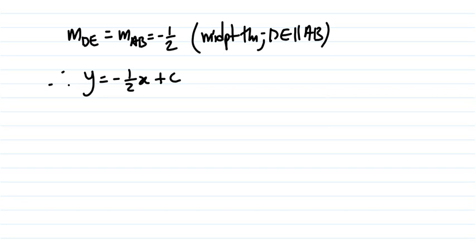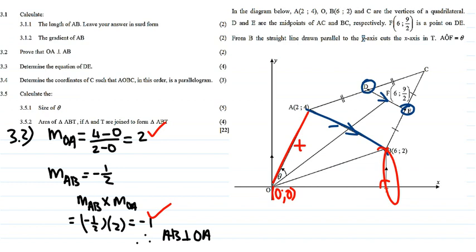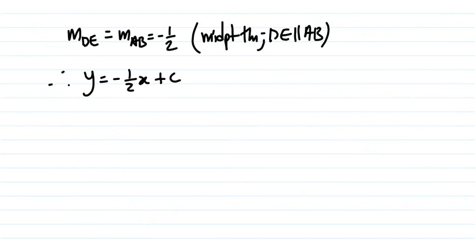See that? Point F, remember, that is the point actually on the line DE. And that is 6 and what? 9 over 2. So we must substitute. 9 over 2 is the y value, 6 is the x value, plus c.